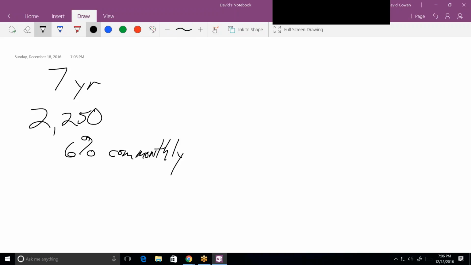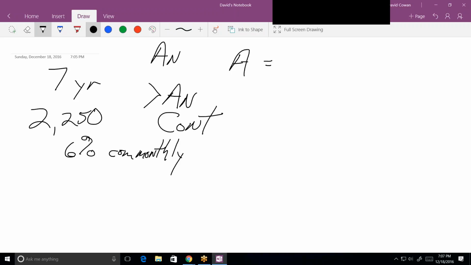Okay? Well, let's talk about annual. What's the formula for annual compounding? This would be annual, this is greater than annual, and this is continual. So in the annual, it's A equals what?